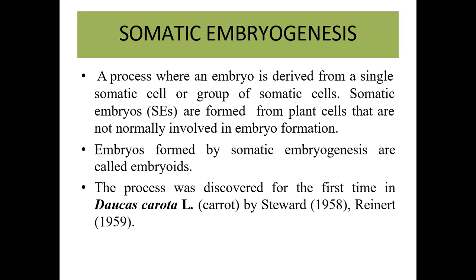Since then, somatic embryogenesis has been reported in more than 500 different species of dicots and monocots. So, henceforth, we got an idea that the embryos formed by the process of somatic embryogenesis are primarily embryoids.